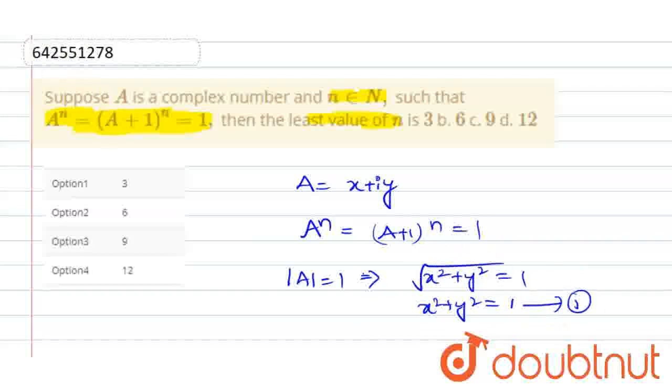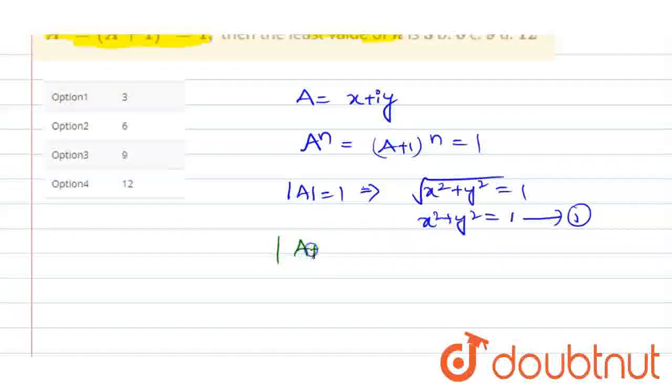The next step: the modulus of a plus 1 is equal to the square root of (x plus 1) whole square plus y square, which is equal to 1.